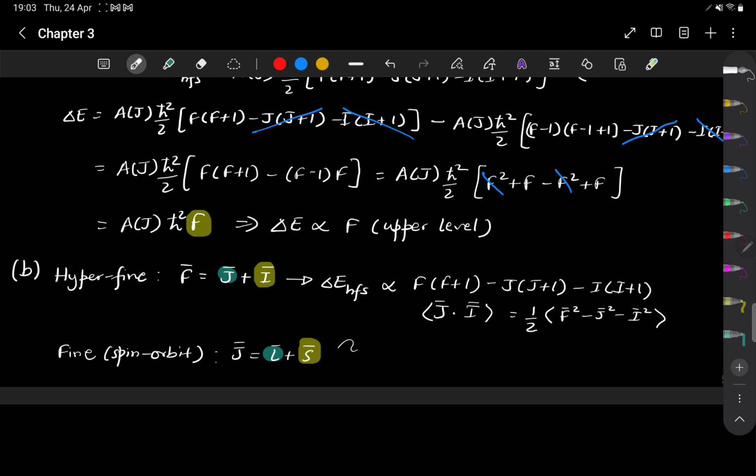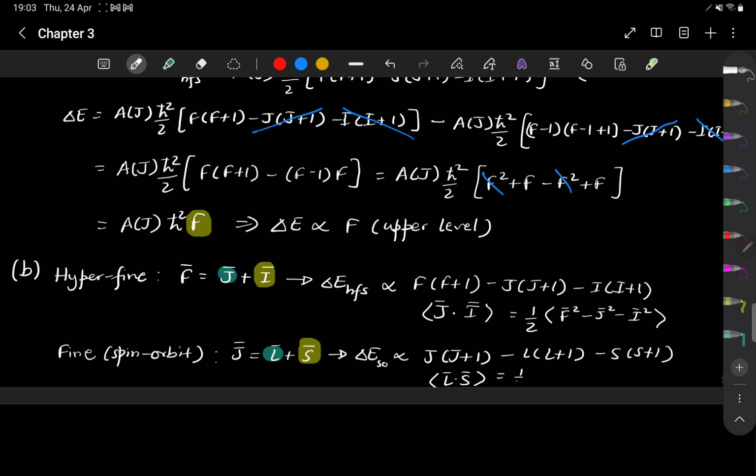So working out the analogy, this delta E for the spin orbit or fine structure will be proportional to J times J plus 1 minus L into L plus 1. Note the analogy, this is completely analogous. I have replaced I with S, J with L and F with J, and this comes from the L dot S spin orbit coupling.